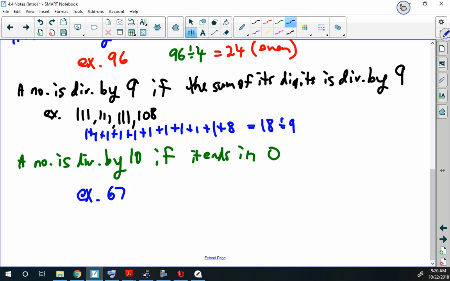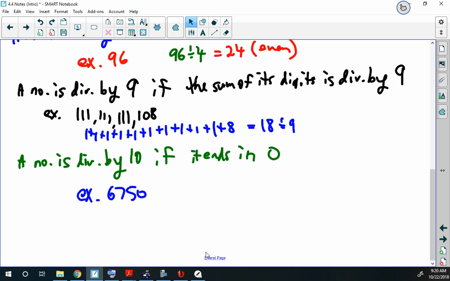So 6750. Something like that. Beyond this, you could use some of the other rules and make up your own. A number is divisible by 12 if 6 divides it evenly. A number is divisible by 14 if 7 divides it evenly. A number is divisible by 16 if 8 divides it evenly. You picking up what I'm putting down?